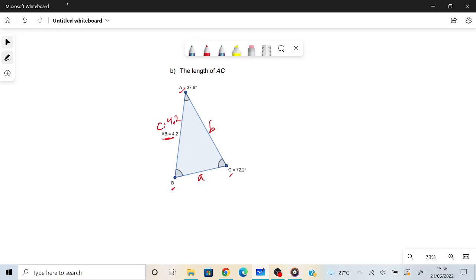Okay, now we need to see which formula to use. In this case, since we are trying to find the length of AC, which is the small b, we need to know the angle of this B over here. Now it may look tricky at first because we don't know the angle, but think about this.